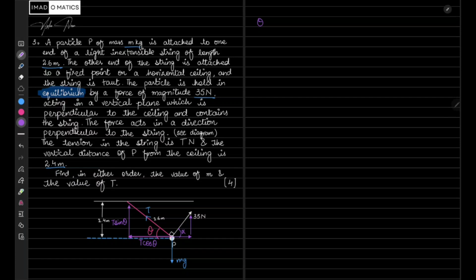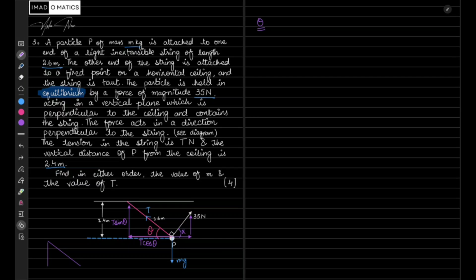So let's start by finding theta first. And how can we find it? As you can see, there is a triangle like this one. I'm talking about this triangle, for which the hypotenuse is 2.6 meters and the perpendicular, or opposite, length is 2.4 meters.